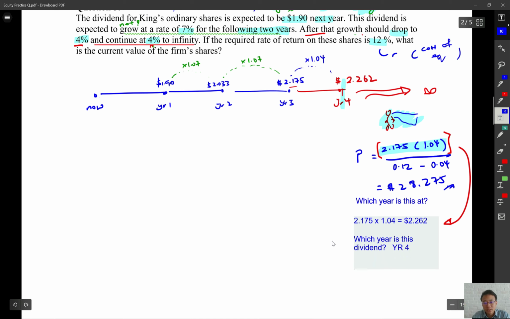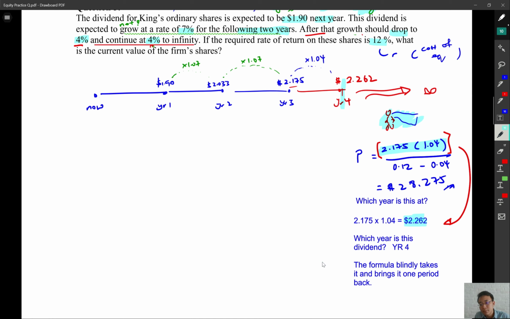Now people, the formula blindly takes it and brings it one period back. You remember in the lecture I kept telling you the formula is unconscious. It will just blindly take whatever number and bring it one period back. That is why it is vital. You have to ask yourself the dividend amount that we calculated, 2.262, which year is it?